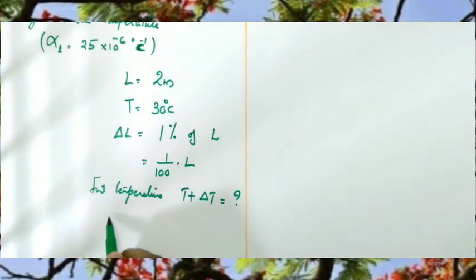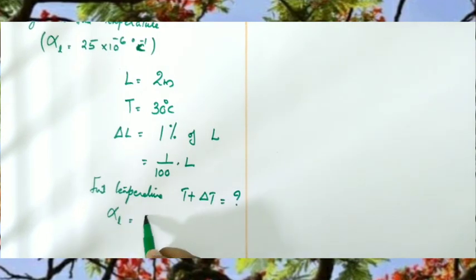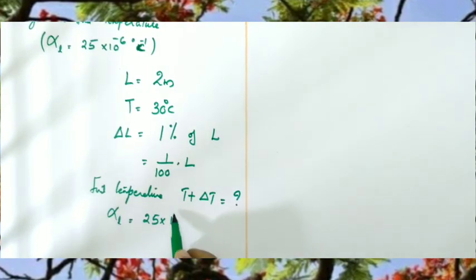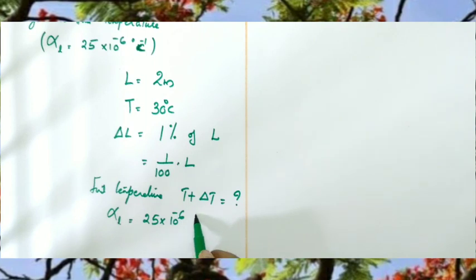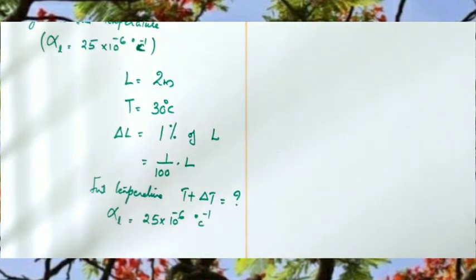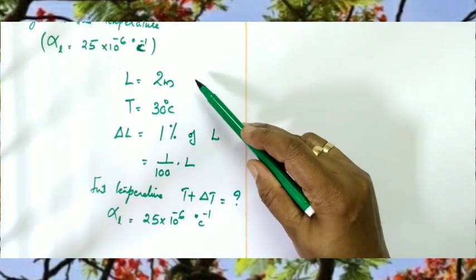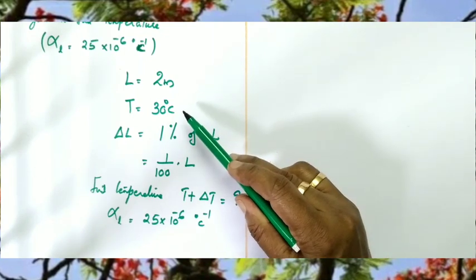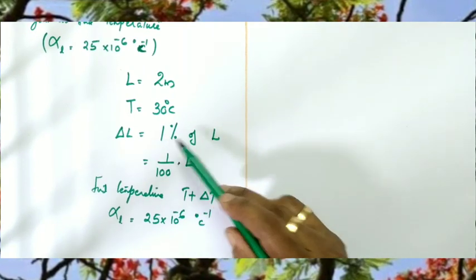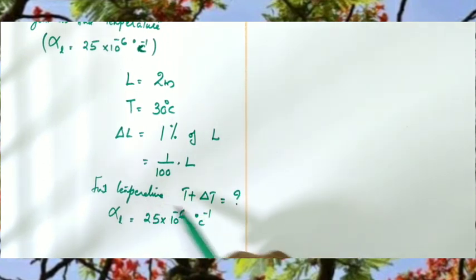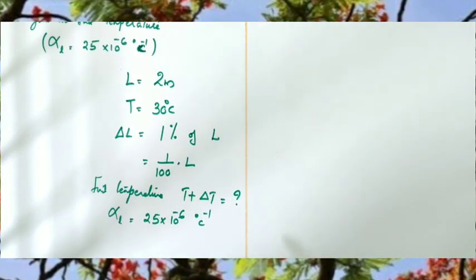Here the coefficient of linear expansion alpha L is also given, 25 into 10 raised to minus 6 per degree Celsius. Original length is 2 meter, original temperature is 30 degrees Celsius, increase in length is 1% of the original length, and alpha L is given.